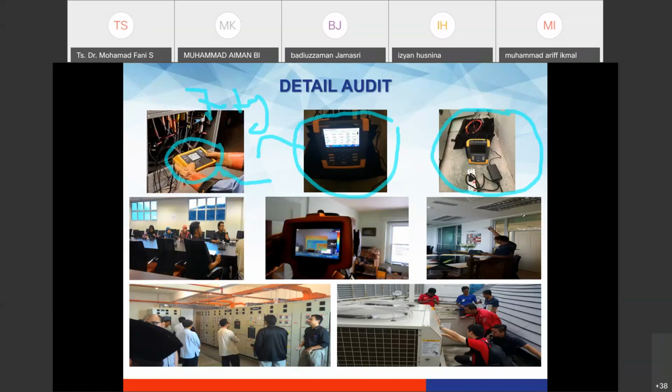Okay, this one is the process for the room data survey to measure the lux level, temperature. Okay, I just want to measure the temperature, kick-off meeting. Just want to measure the cooling system, to visit the plant room, this one near the MSB.